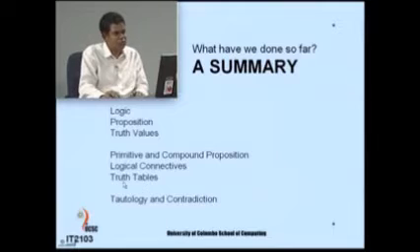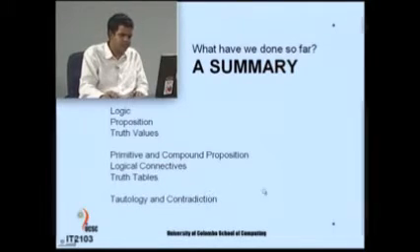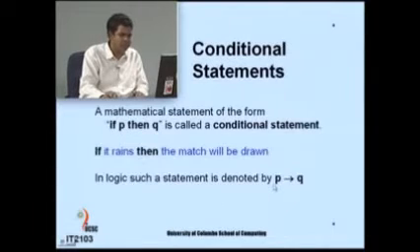We defined what the truth values of these compound propositions are using truth tables, and we also defined other kinds of compound propositions using truth tables. Finally, we spoke about something known as a tautology and also something known as a contradiction. Let us get on with our discussion.